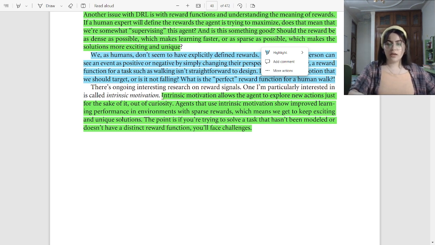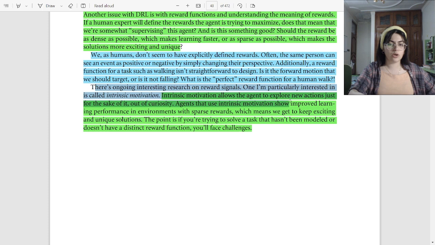And then it mentions intrinsic motivation, which allows the agent to explore new actions just for the sake of it, out of curiosity. Agents that use intrinsic motivation show improved learning performance in environments with sparse rewards, which means we get to keep exciting and unique solutions.